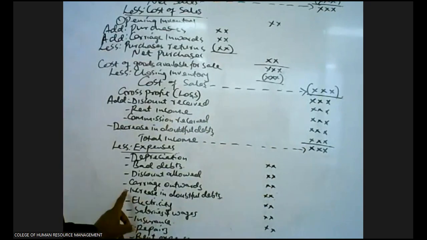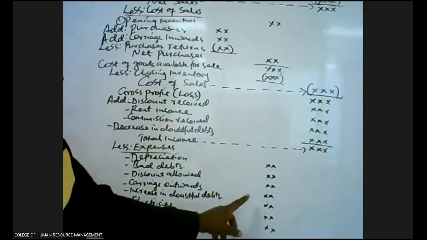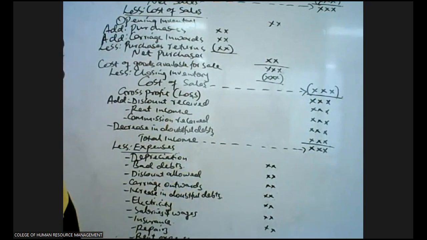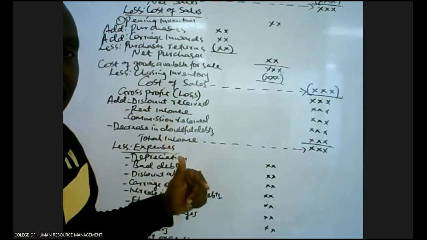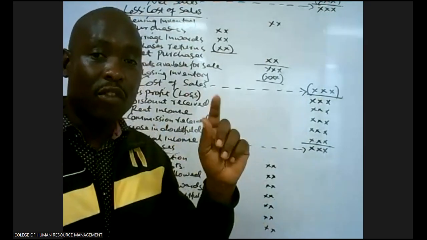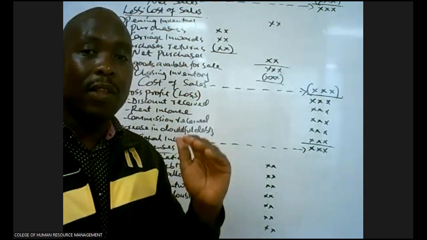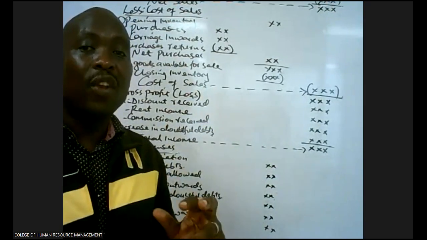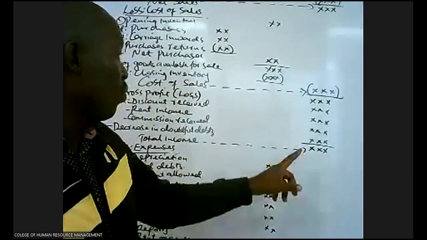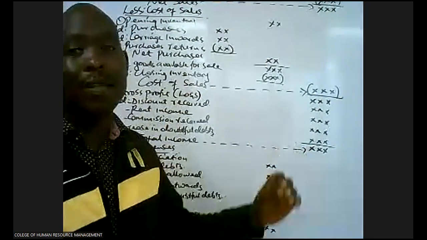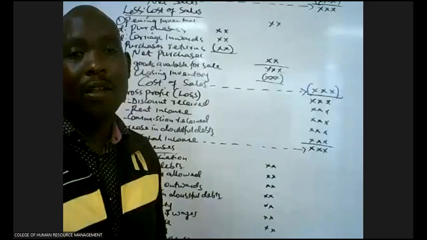Increase in doubtful debts falls under expenses, but you take the decrease only as an income. Say it started with 18,000, then it reduced to 16,000. The 2,000, we should add here for that case. Okay. Thank you.